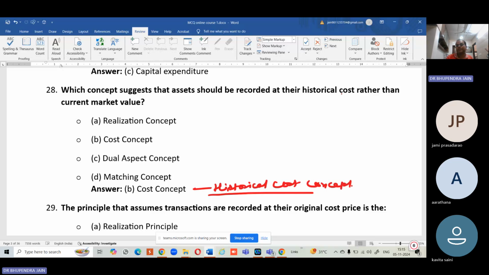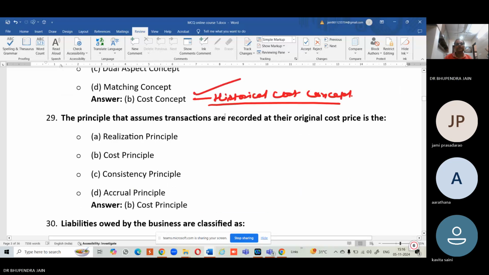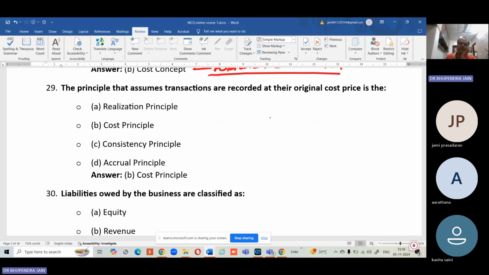Whether cost concept is mentioned in the options or historical cost concept is mentioned, both are correct answers. Next. The principle that assumes transactions are recorded at original cost, the same question again, historical cost, similar question.